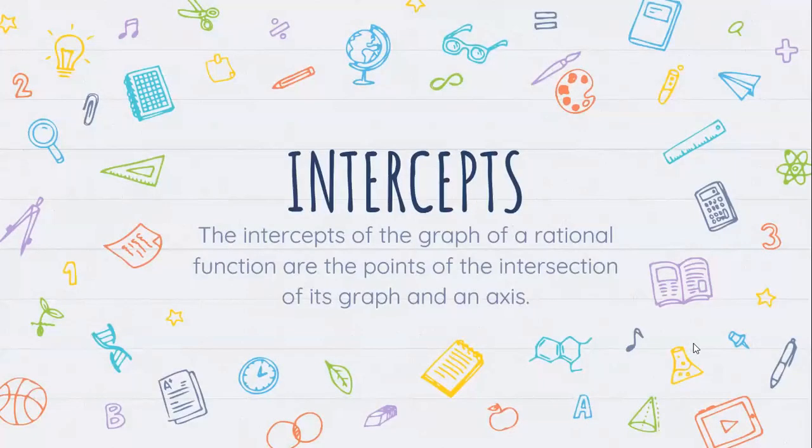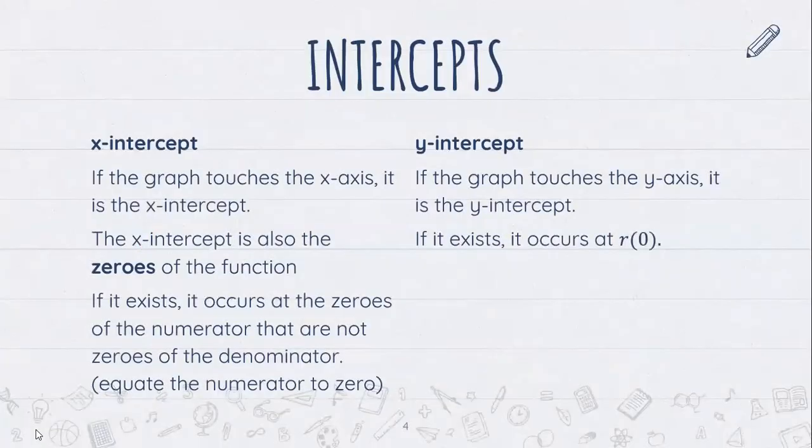Ayun nga, as Sarah, of course, explained what is intercept, the intercepts of the graph of a rational function are the points of the intersection of its graph and an axis. So kapag grinaph po natin yung isang function, and if it crosses our axis, yun po yung tinatawag natin intercepts. Okay? So we have two intercepts.